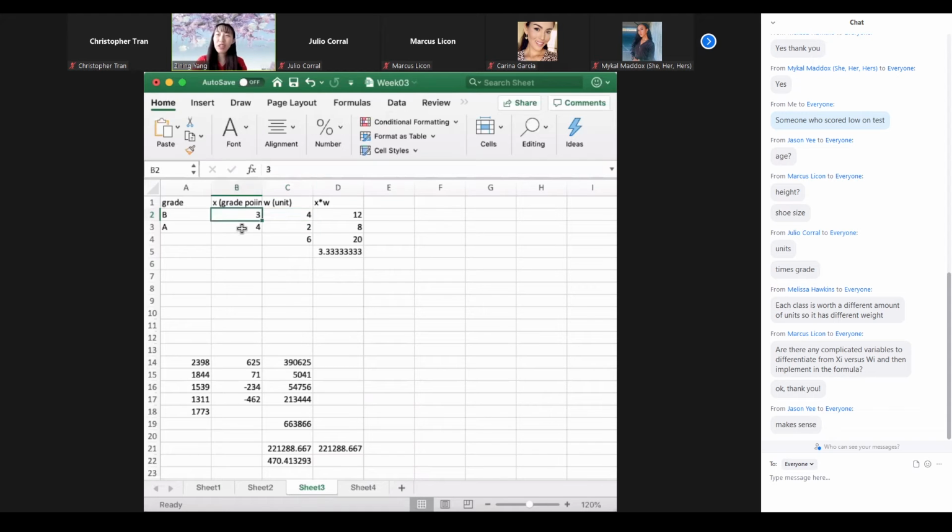Even though you did well in the 2-unit class, because it's less important, it has a smaller weight, right? Only has 2. That's why this weighted average takes more weight of your B than less weight for your A, so you end up less than 3.5. So does that make sense?